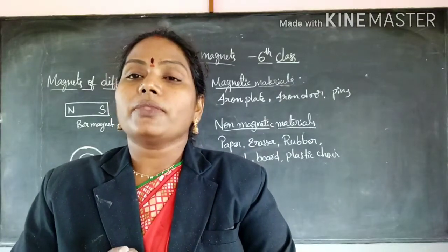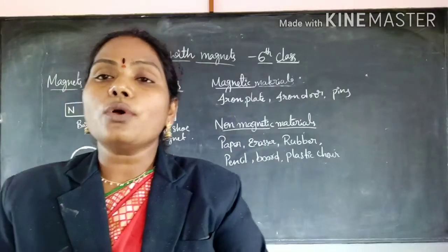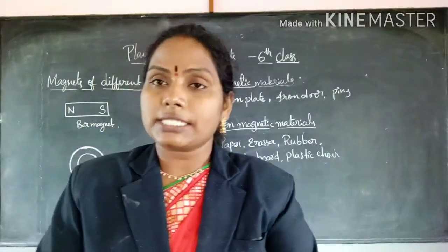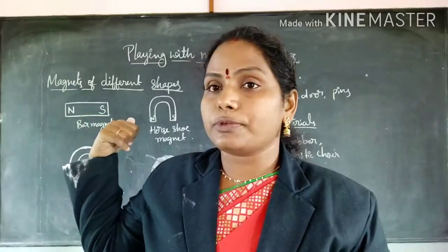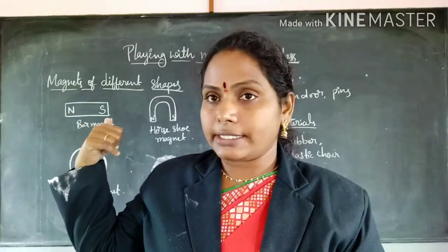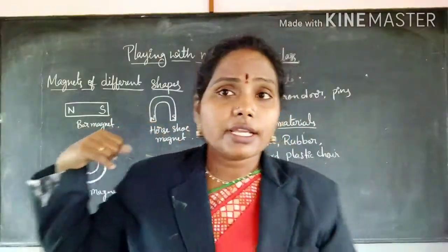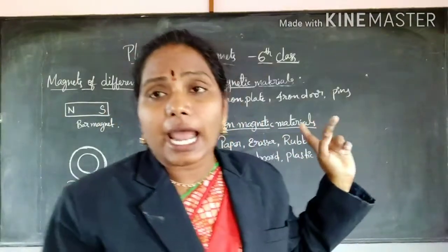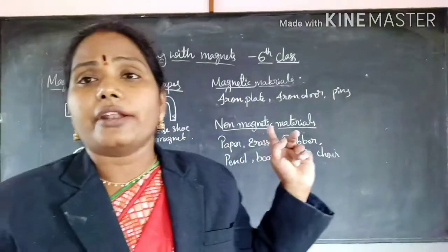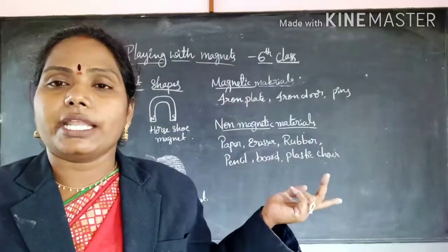I think you have understood the topic. Now today your homework is, first of all, draw the different types of magnets. Next, write the definition of magnetic materials and non-magnetic materials, and write examples of magnetic materials and non-magnetic materials.